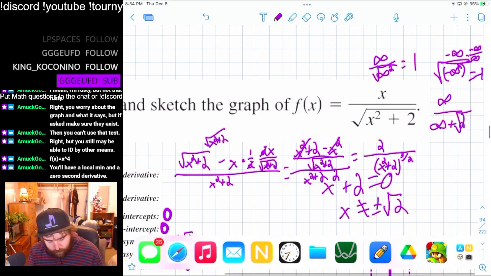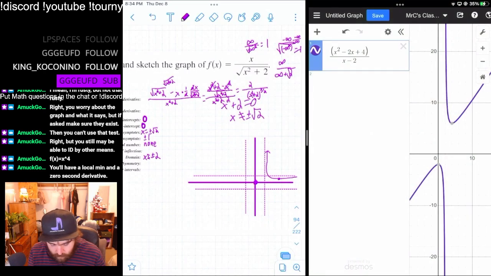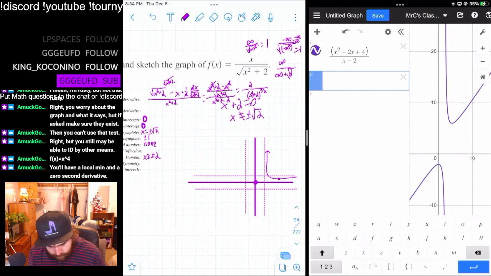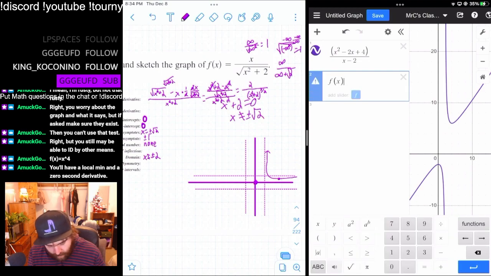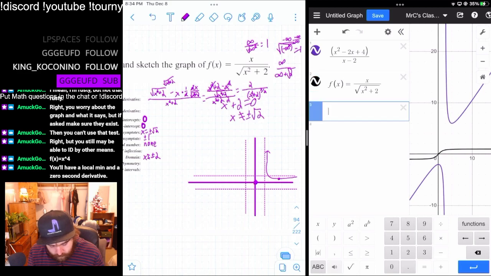Let me maybe confirm that I took the derivative right. So if I type f of x equals x divided by the square root of x squared plus 2. So that's what the graph looks like.